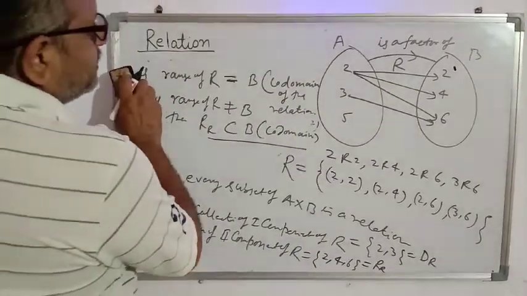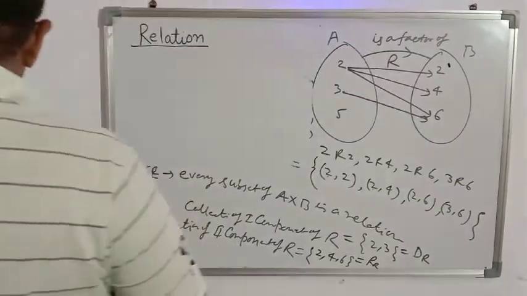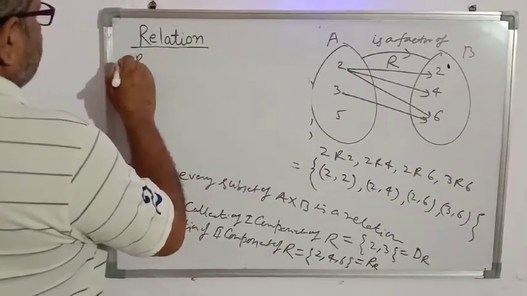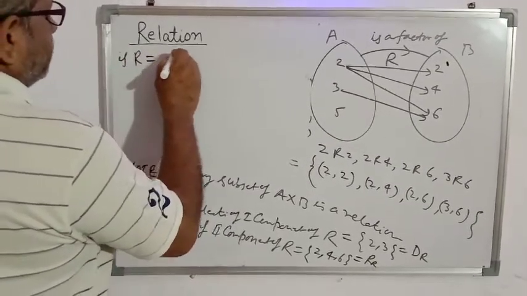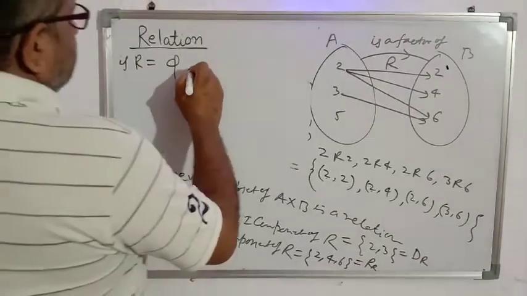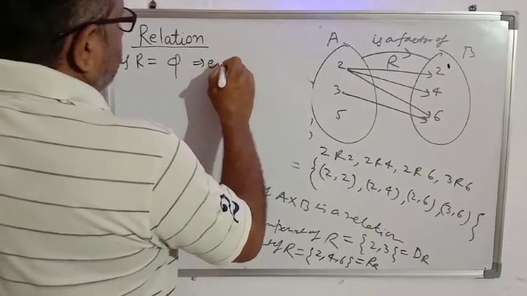Next, if relation set R is equal to null set, then it is called empty relation.